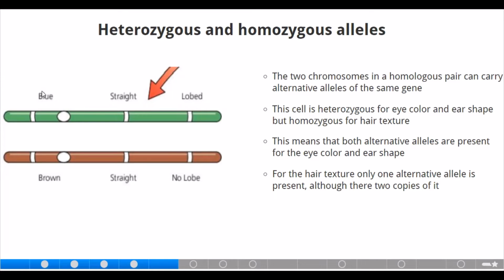We can see the differences in colors for the eyes and the differences in shape for the ear, but a similar characteristic for the hair texture. This means that both alternative alleles are present for the eye color and the ear shape, but for the hair texture, only one alternative allele is present, although there are two copies.